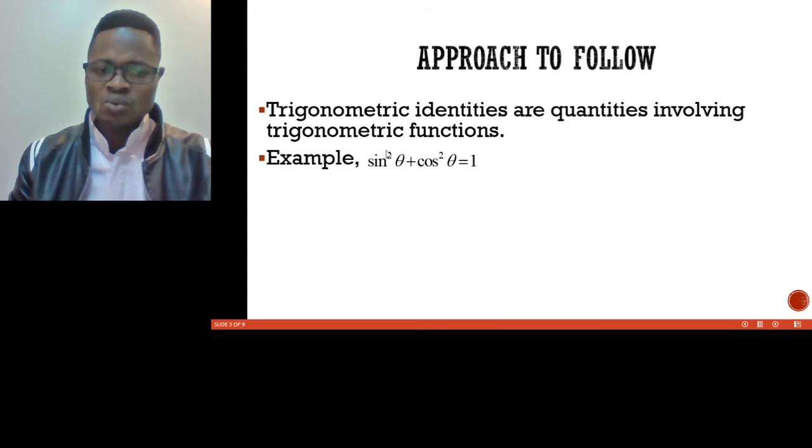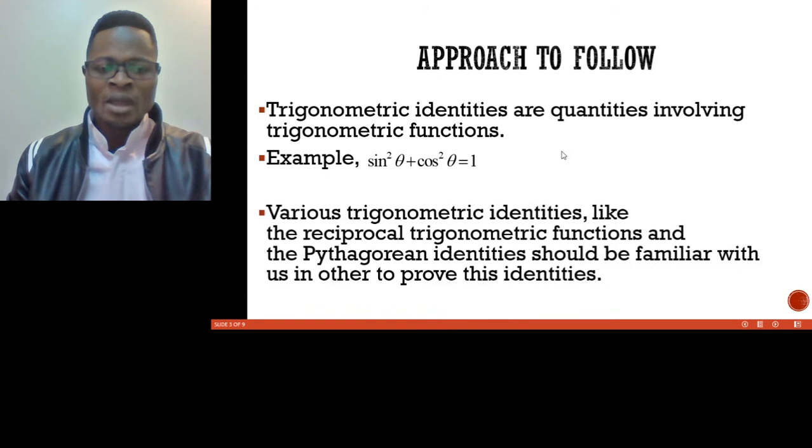That is what we are calling identities. We try to prove that the left-hand side is equal to the 1 that we have in the right-hand side, which is a function of that identity. So we are going to prove this, and at the end you will be able to follow the guidelines on how to prove those identities.